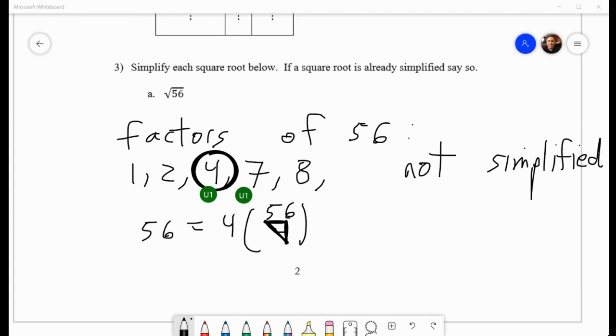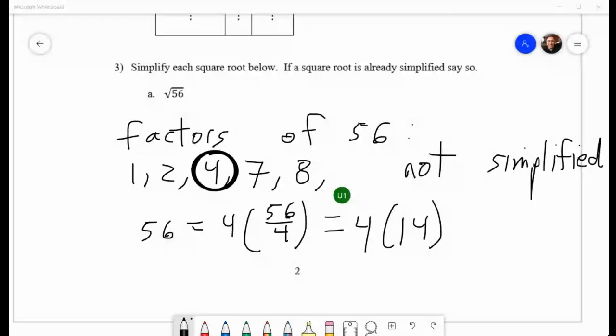And if you do that, oh, for goodness sakes. Come on. There we go. Microsoft Whiteboard made an automatic shape. It thought I wanted to draw a triangle. So anyway, we got 4 times 14. Yeah, that's right.